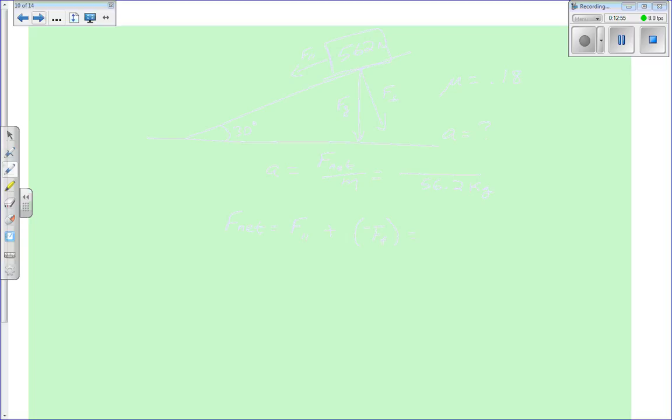Okay, again, we don't have either of those things. Parallel component we can get by taking the weight times the sine of the angle. So we have 562 newtons for the weight times the sine of 30 degrees.